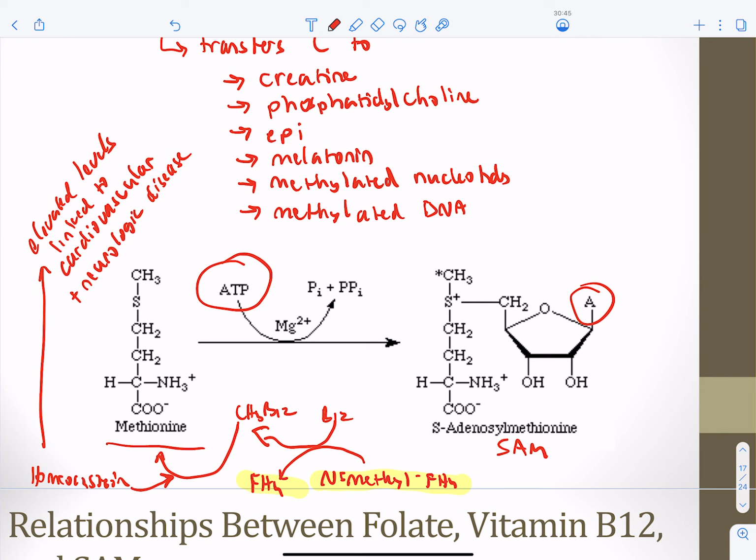So not only if you have a vitamin B12 deficiency are you going to have trouble making SAM, you're also going to have a buildup of homocysteine, and that in itself can lead to problems as well.